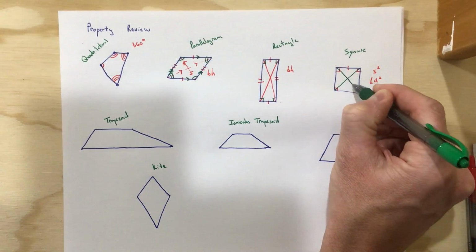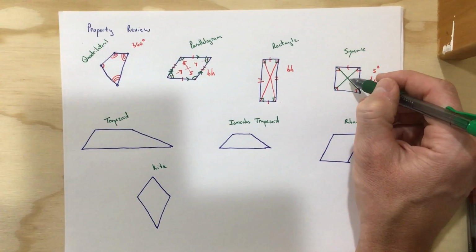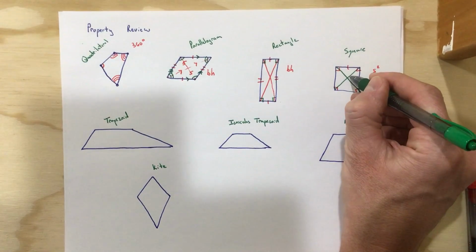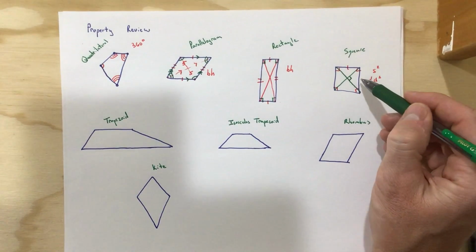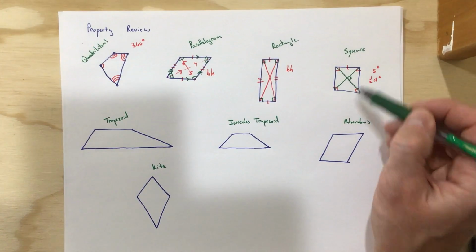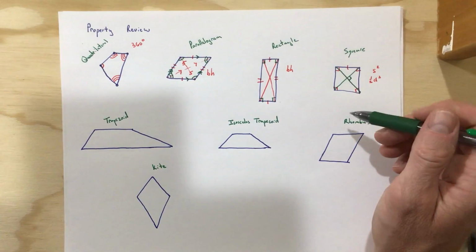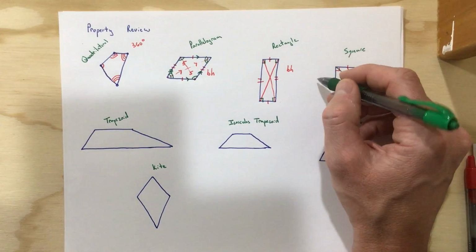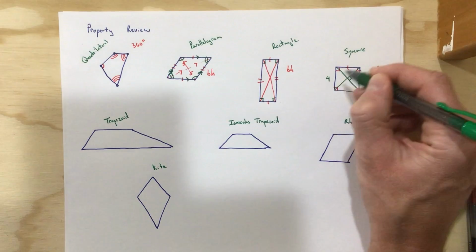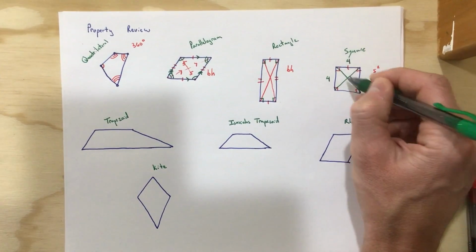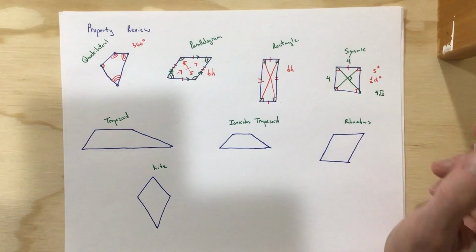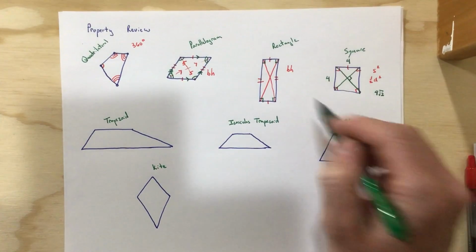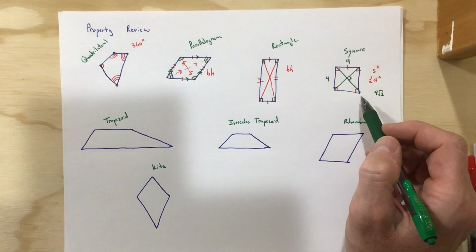The diagonals do bisect each other, they are congruent, and they form a 90-degree angle there. So they can ask you for this and this, if you know that. It also adds in the special right triangle, and if you have a square that is 4 here, that's 4, then you know the diagonal is 4 radical 2, because we know how a 45-45-90 triangle works. So they like to do stuff with squares in that.